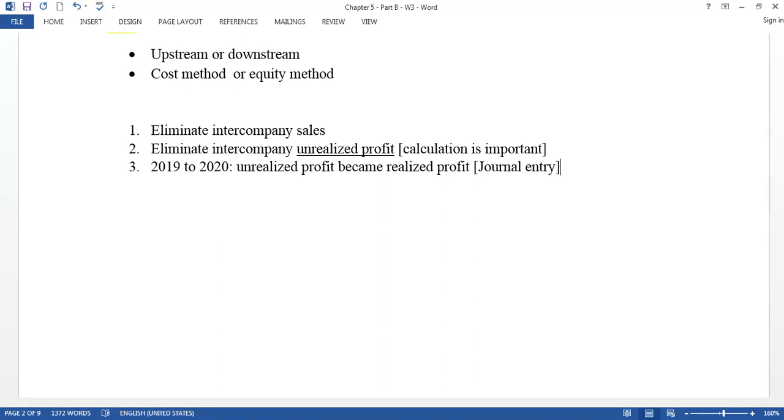And when we have this journal entry, think about upstream or downstream, then think about cost method or equity method.